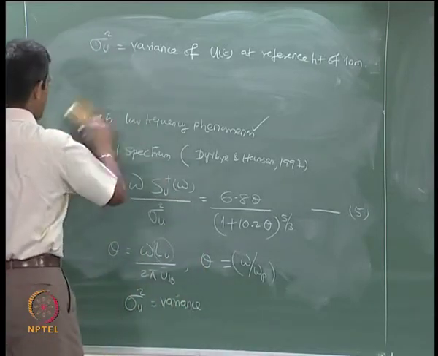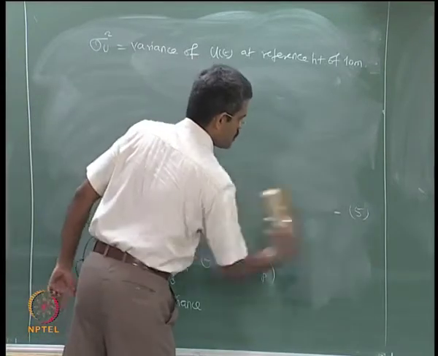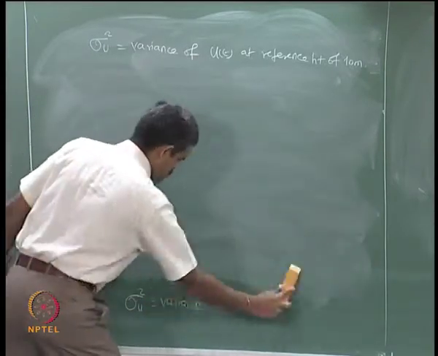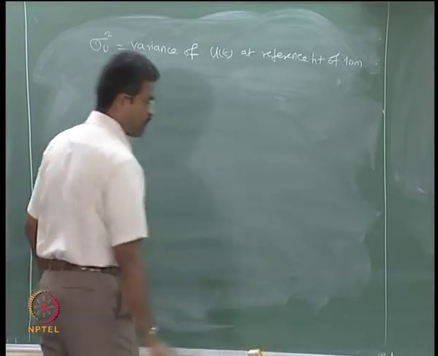Subsequently, API 2000 also specified a spectrum which is very much applicable for compliant structures.